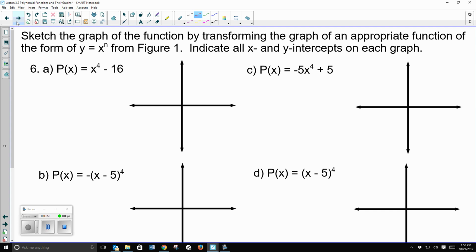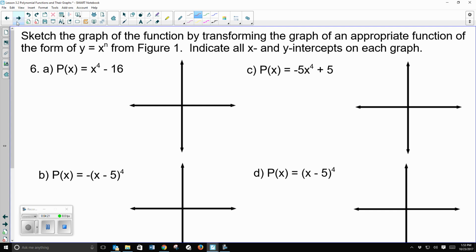It says indicate all x and y intercepts on each graph. Okay, so remember, if this said x squared minus 16, we would know exactly how to graph that, wouldn't we? Where's that vertex at? Negative 16. And then I just put that parabola, right? But it also says indicate all x and y intercepts.